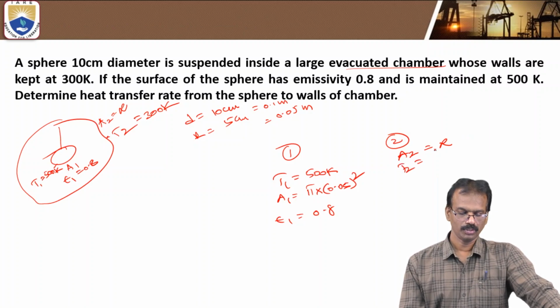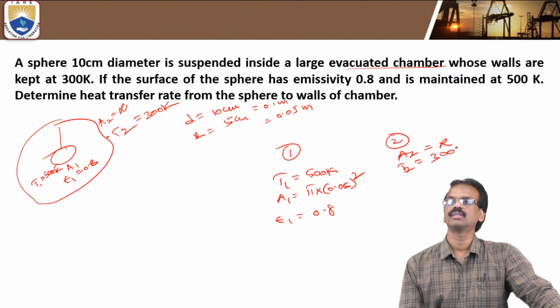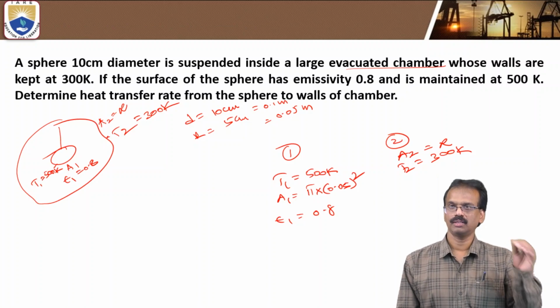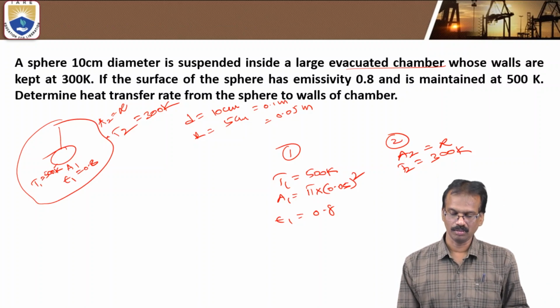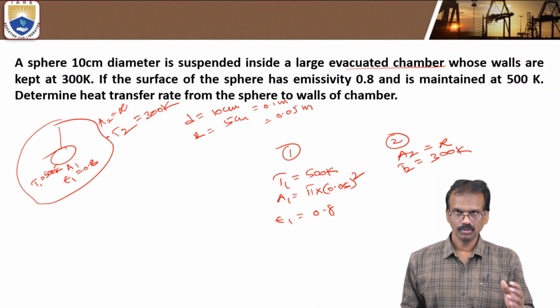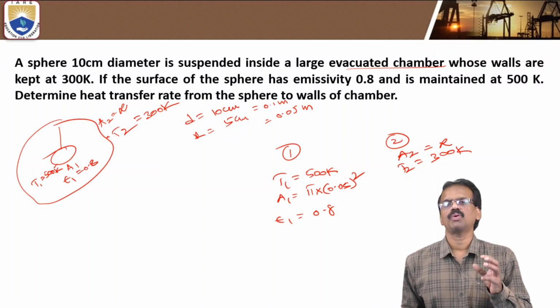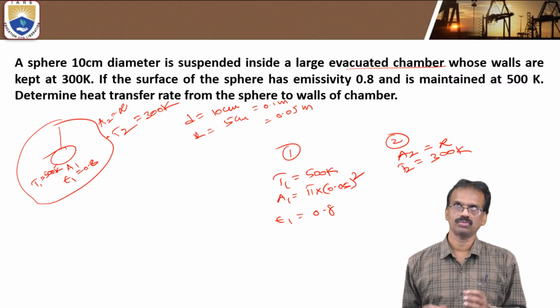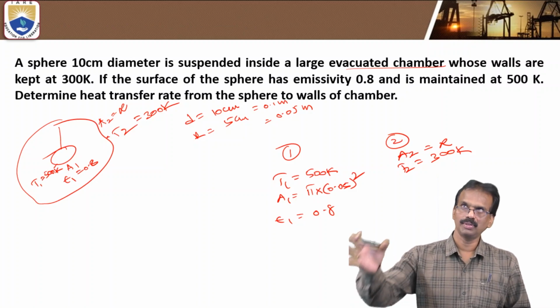Temperature T2 is equal to 300 Kelvin. Next, epsilon 2 no need to consider because the surface is very large. Then you know this formula applies when there is radiation between a small body and a big enclosure, just like a small object in a big room.